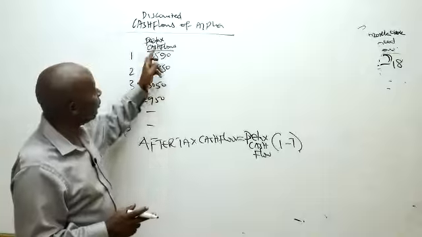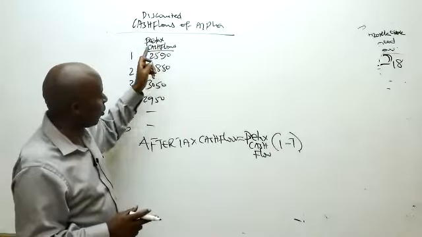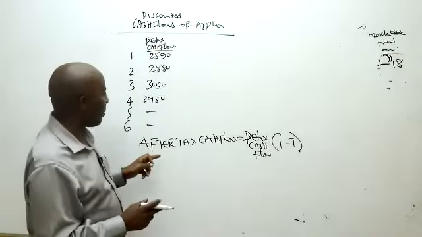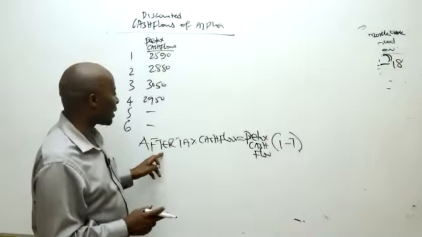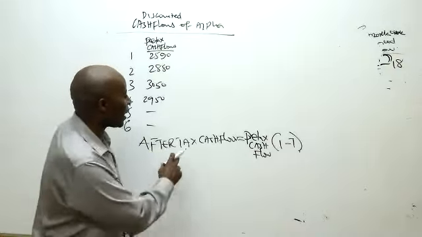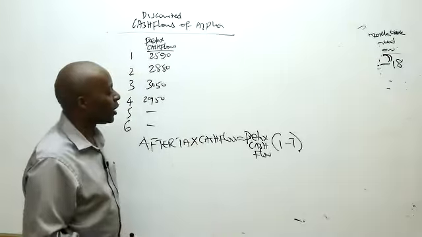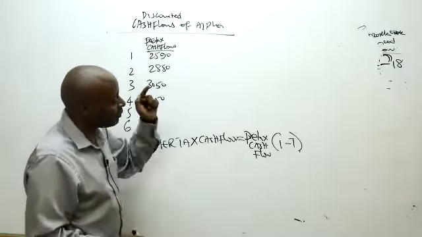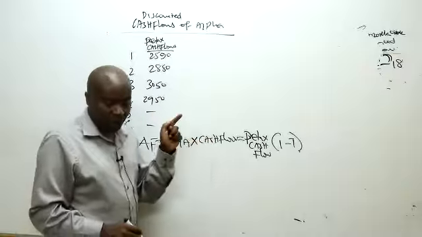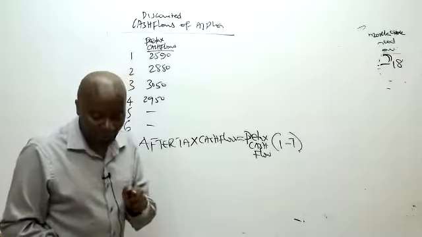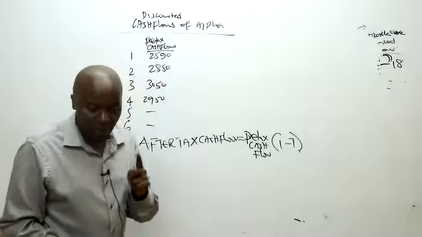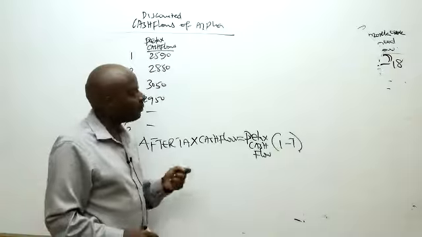Now that we have the pre-tax cash flows here, what I would want us to do is to give them the after-tax cash flows. After-tax cash flows equals pre-tax times 1 minus t. And the taxation rate has been given as 30%. Look at note number 6: the corporate tax is 30%.